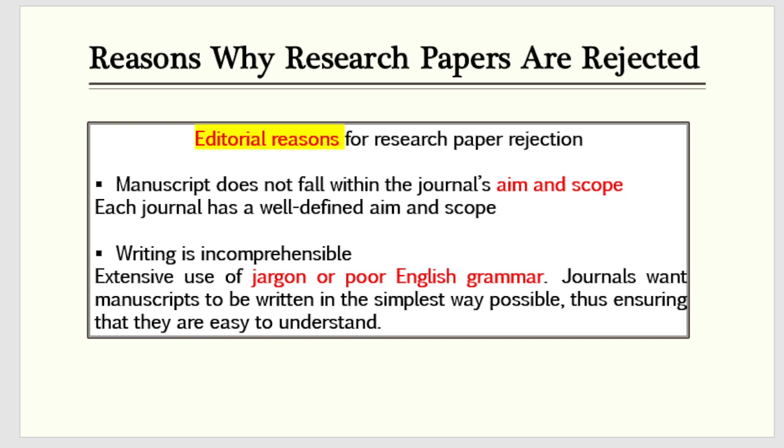Also, writing is incomprehensible, with extensive use of jargon or poor English grammar. Because most of the international or SCI journals are English-language journals, you need to comply with English grammar. Journals want manuscripts to be written in the simplest way possible, ensuring that they are easy to understand, because the target audience can come from any background.